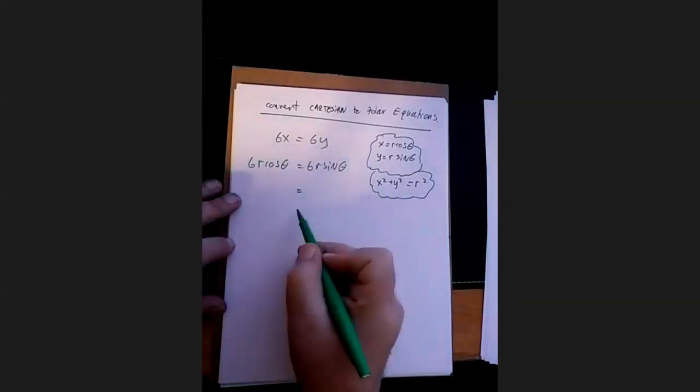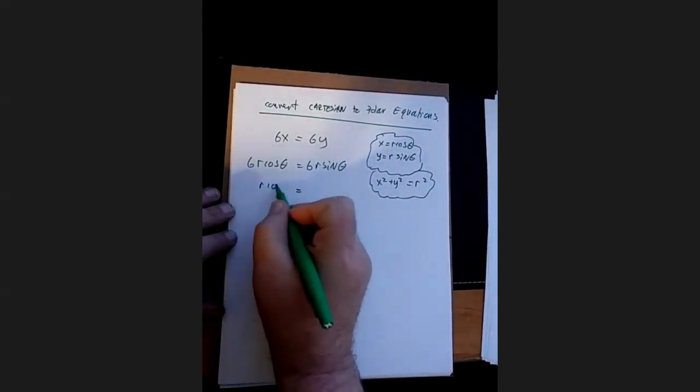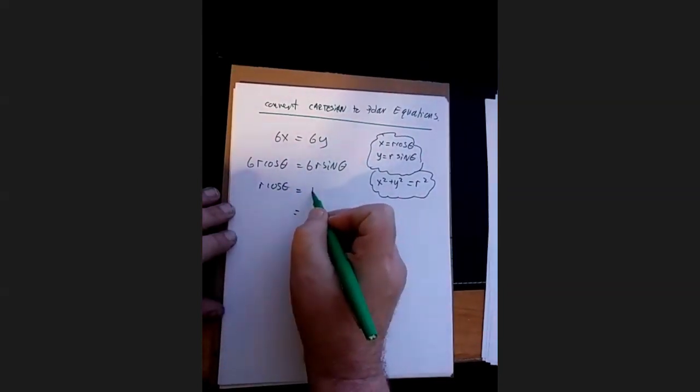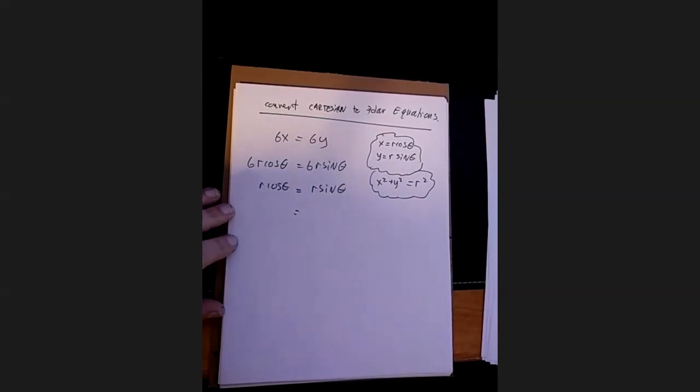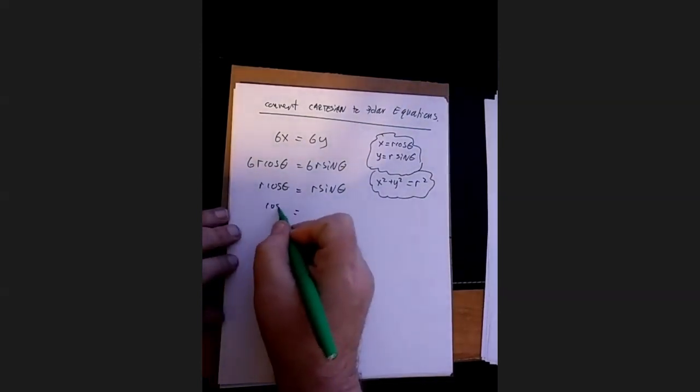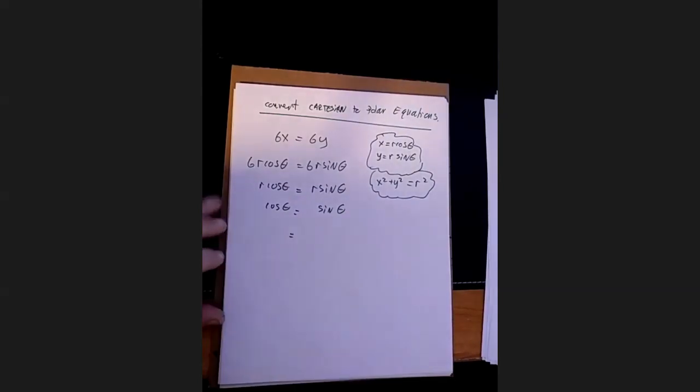So what could I do to both sides to simplify this equation? Divide by 6? Okay. Can I do more? Divide by r? We're on the right tracks. As long as you do it to both sides, it's okay.